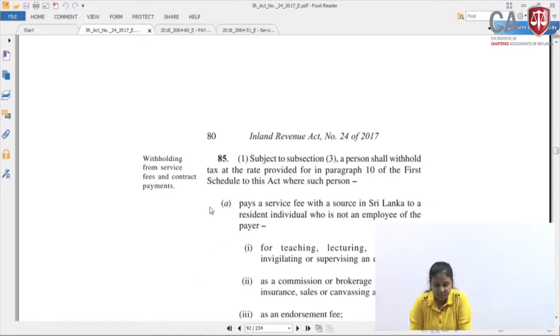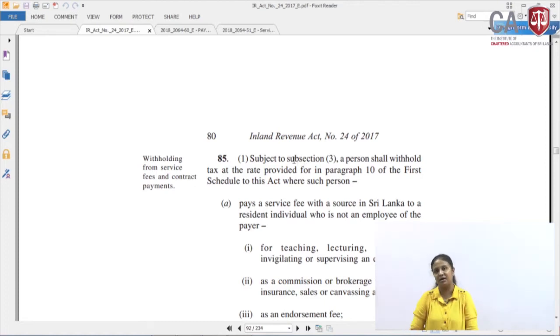Then section 85. Go through this paragraph. Subject to subsection 3, a person shall withhold tax at the rate provided for in paragraph 10 of the first schedule to this act where such person. Now the first paragraph gives all the tax rates for withholding on these service fees; it is mentioned in the first schedule, para 10.